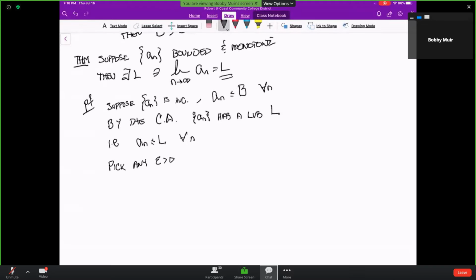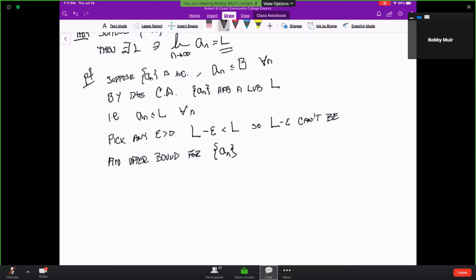It doesn't matter to be small. So L minus epsilon is smaller than L, right? So this means L minus epsilon cannot be an upper bound for the sequence A_n.